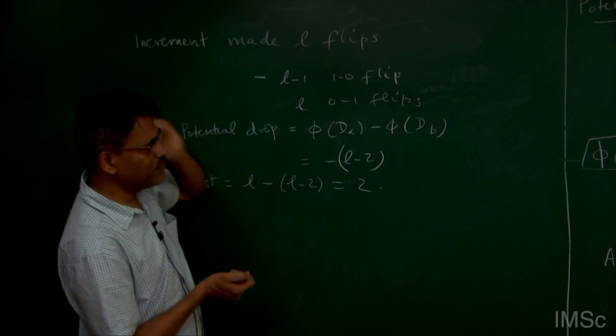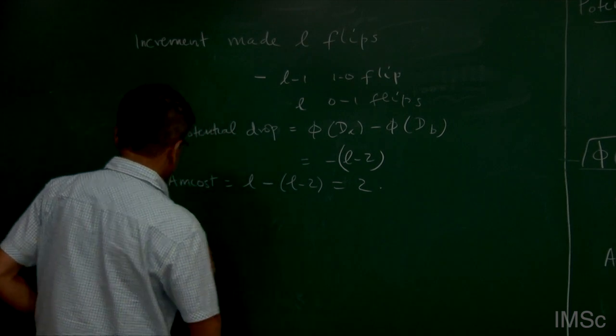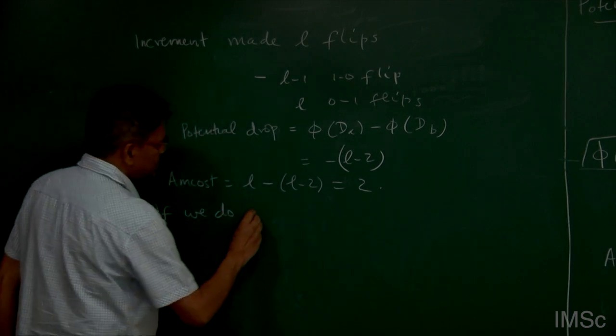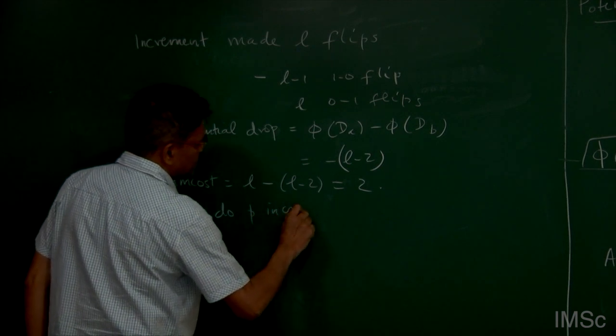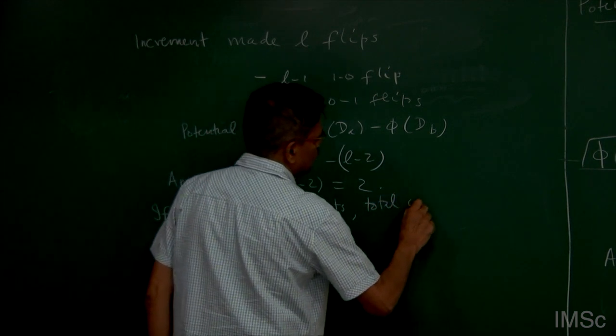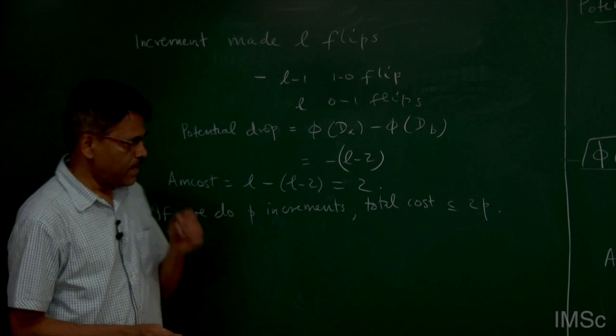So now when I have this potential, if we do P increments, the total cost is 2 times P, right? That's what we saw.